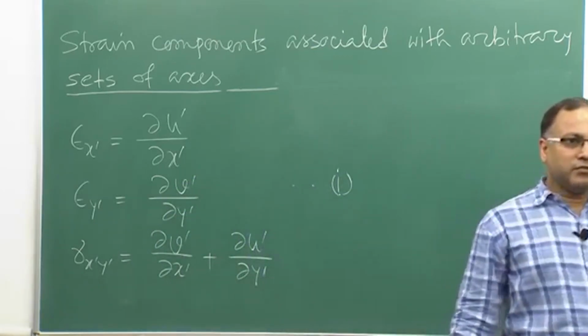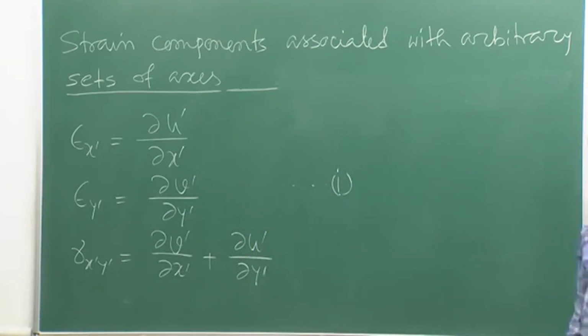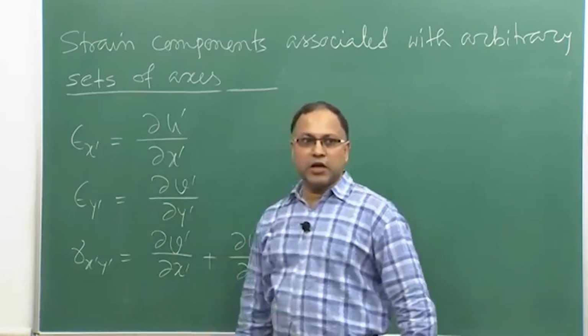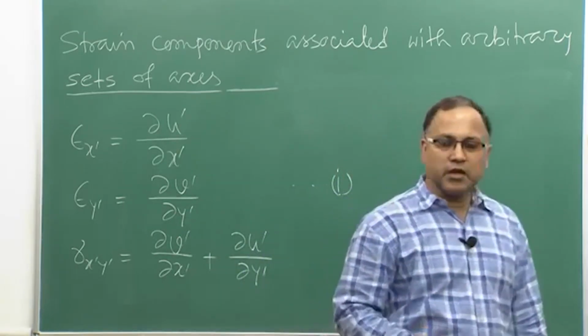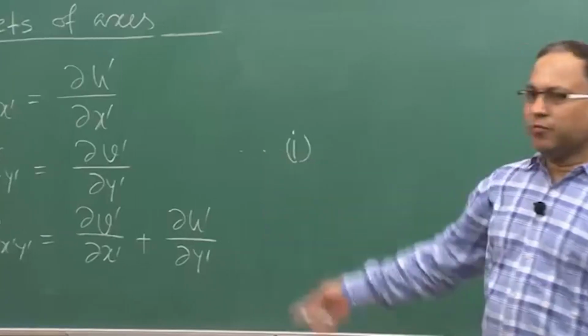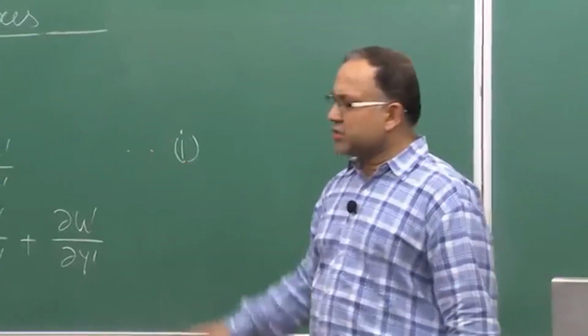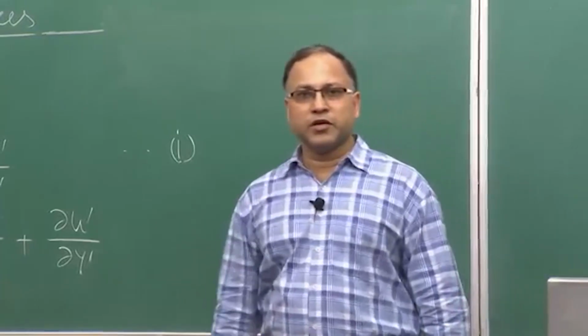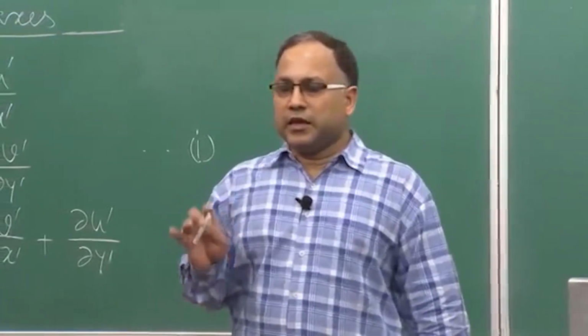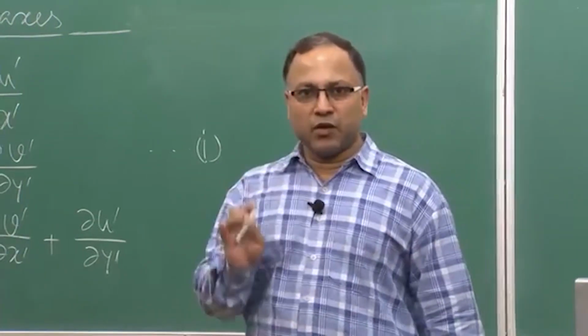We can write that because if we know the displacement vectors in the x prime, y prime coordinate system, I can define the strain components, normal strain and shear strain, in the x prime, y prime coordinate system. Only thing is here we know epsilon x, epsilon y and gamma xy.